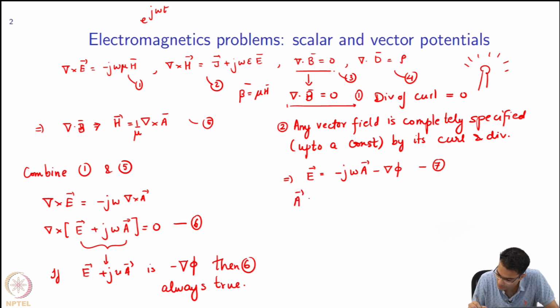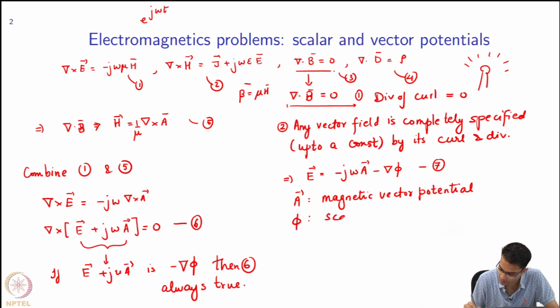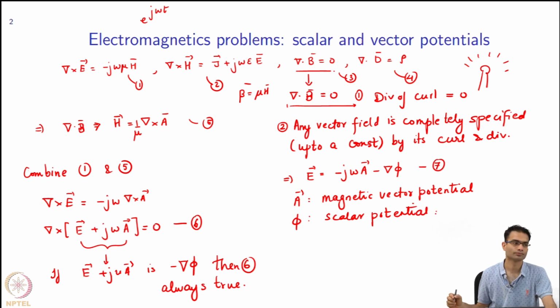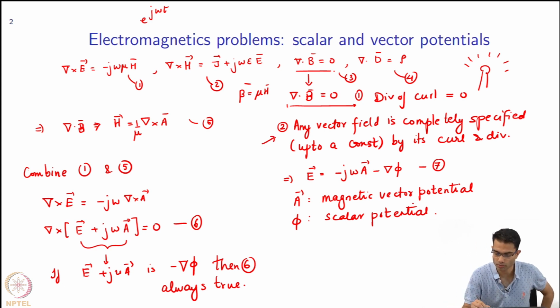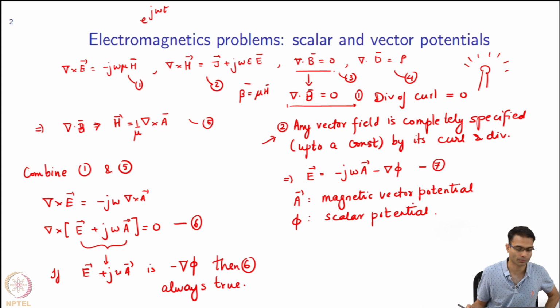So A is called the magnetic vector potential, and phi is called the scalar potential. Right. So far we have not said anything about this point number 2. Okay, so we'll come to it.